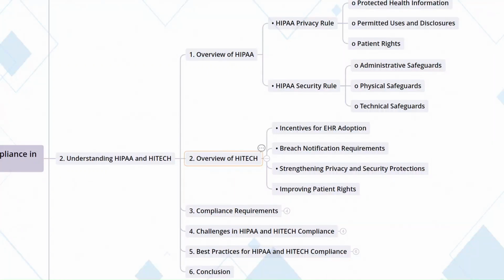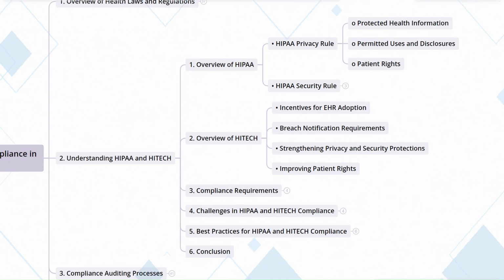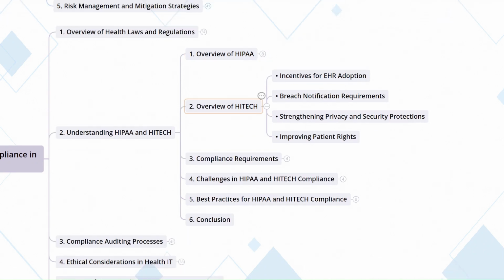Next, overview of HITECH Act. The HITECH Act, enacted in 2009 as a part of the American Recovery and Reinvestment Act, aims to promote the adoption of health information technology and strengthens the privacy and security protections under HIPAA.